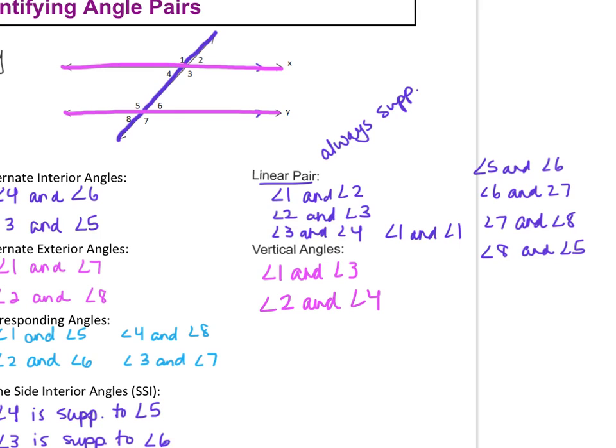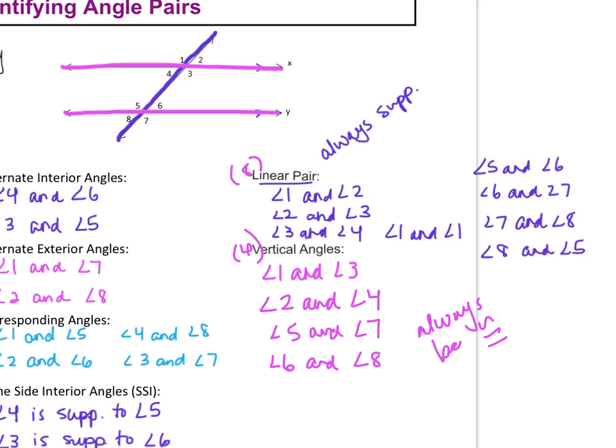And then we've got 2 pairs down in the bottom set. Angle 5 is vertical with angle 7, and then angle 6 and angle 8. So linear pairs, we have 8 of them, and vertical angles we have 4. And then just remember, vertical angles will not be supplementary like a linear pair, but always be congruent.